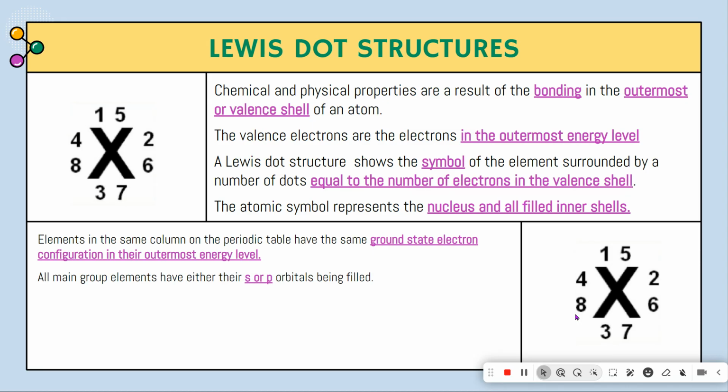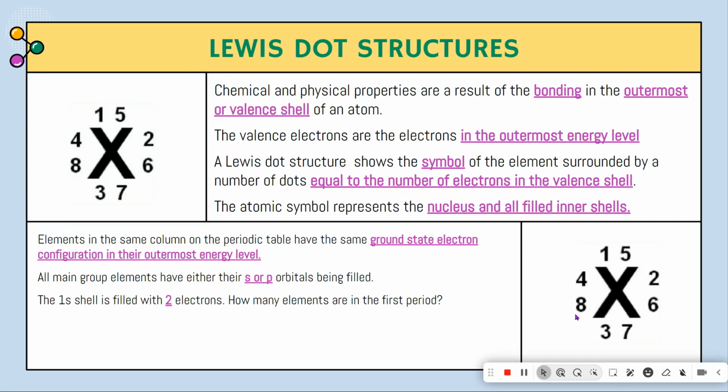Main group, we're talking about S and P, groups 1 and 2, and groups 13 through 18. When we look at those main group elements, they are having their S or P orbitals being filled. So the 1s shell is filled with 2 electrons.